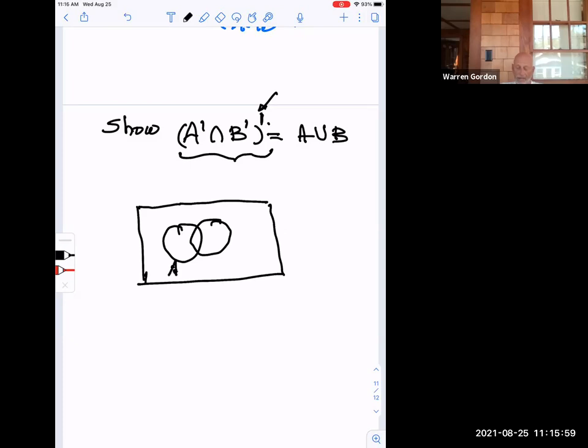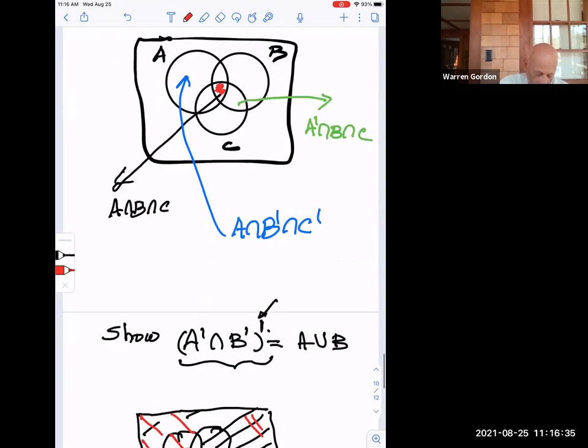Here's A, right? So A complement would be everything outside of A. B complement would be everything outside of B. So notice what I have in common... something's wrong here.